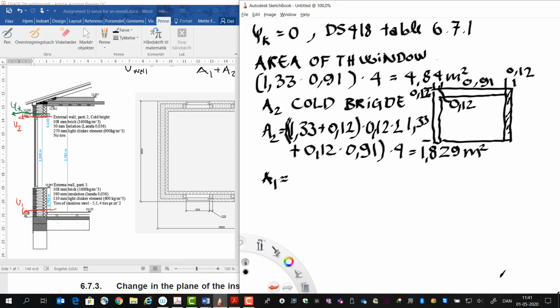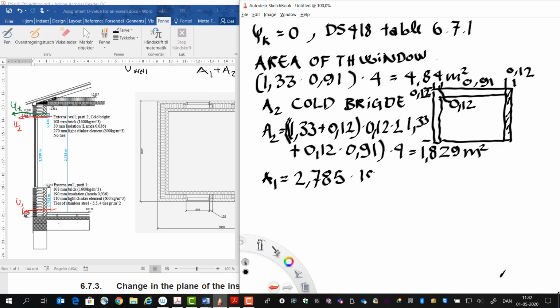So now we just need to calculate A1, and that's the main construction that we have. What I do is I take the whole area of the wall and subtract the windows and the core bridges. So take the height of the whole wall, and that's from top floor to top insulation in the roof. And that is determined in the chapter for areas in DS 418. So 2.785 times the perimeter, and that's external, so it's 4 plus 4 plus 5 plus 5.